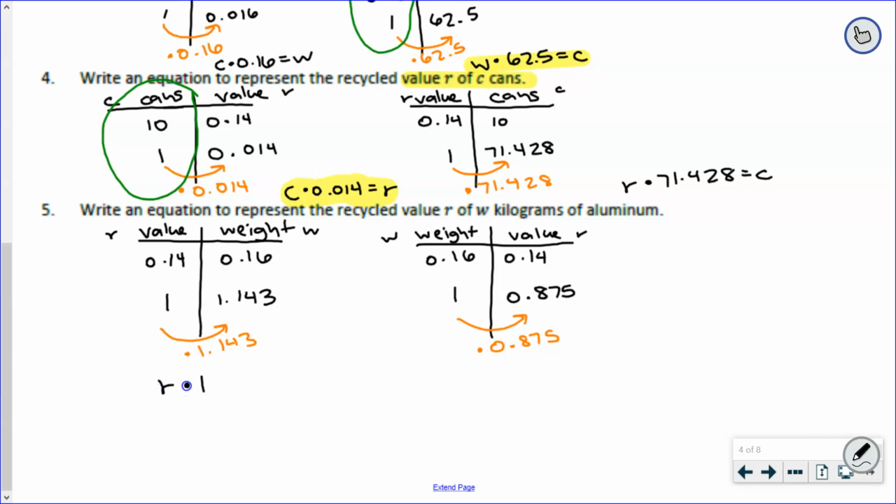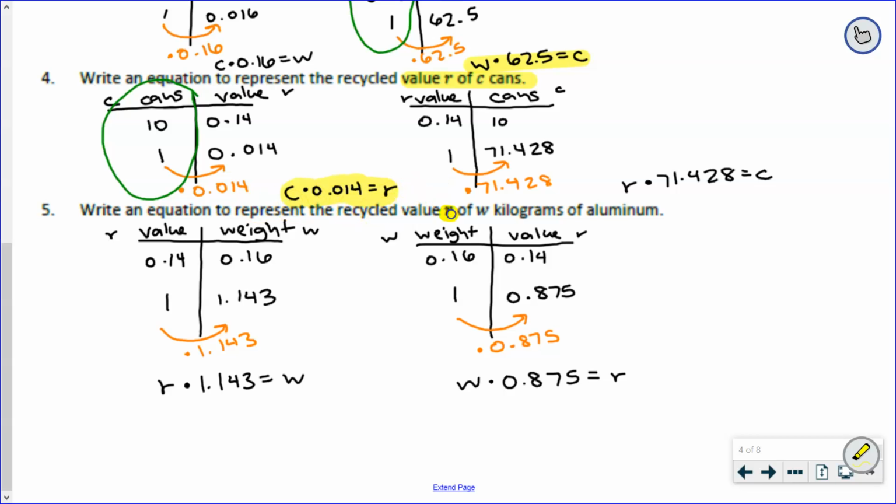We're taking that and multiplying it by 1.143, and that gives me the weight. So if I know how much money I made, I can figure out how many pounds or kilograms it weighed. Or if I know how much it weighs, then I can multiply it by 0.875 and figure out how much money I'm going to get, which is the equation that it was asking for.